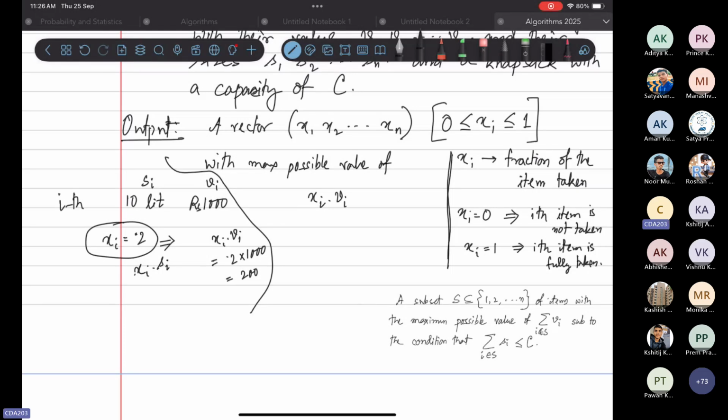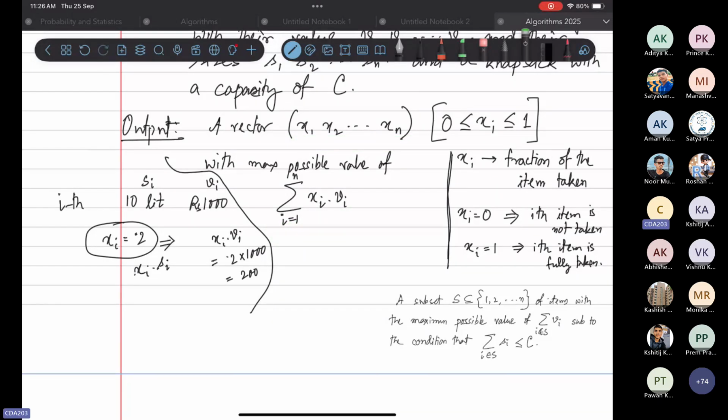That is the total value of the ith item, right? And for each of these items, I'm choosing what is the contribution to the value. I'm trying to get some vector x1, x2, up to xn where this is maximum, right?